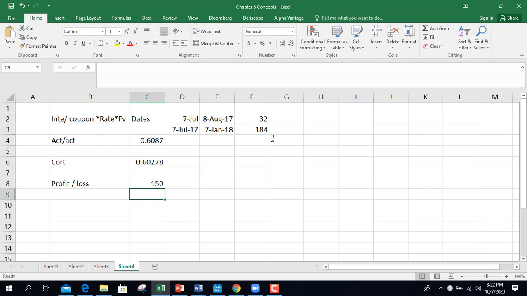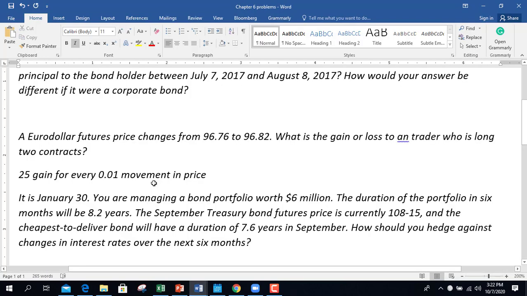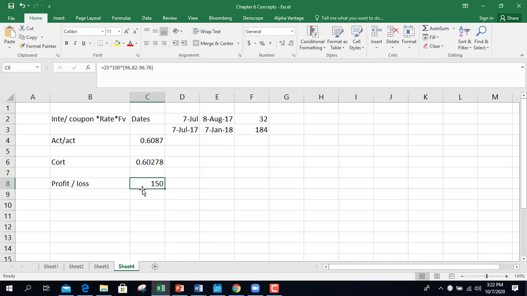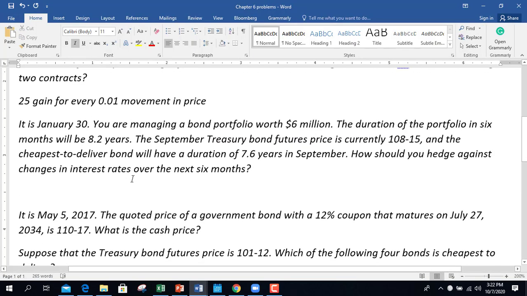So the total profit is going to be $150. Okay, but that is $150 profit per contract, and you have 2 contracts, so this is multiplied by 2.